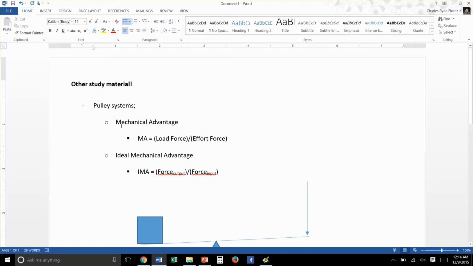But some of the ideas might be a little bit obscure. Mechanical advantage, for example, is simply the load force divided by the effort force.